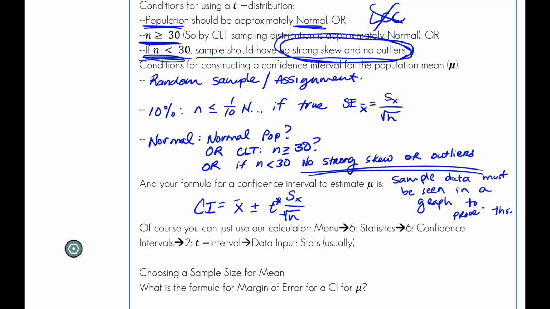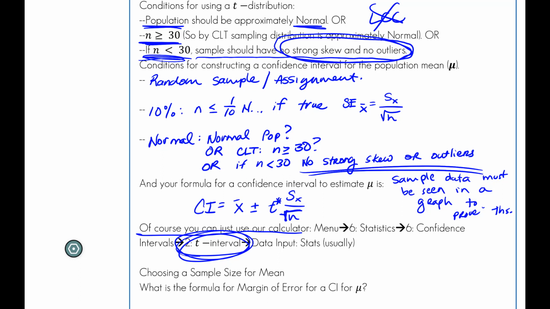This is a little bit easier formula for us to remember, I think, than the one for proportions, but here's the thing, we don't even have to really memorize this. It's on your formula sheet, you can build it that way, or you can just use the calculator. So what you want to pay attention to is doing a t-interval once you get into the confidence interval step, and then it's going to ask you for data input, and you have the option for data.